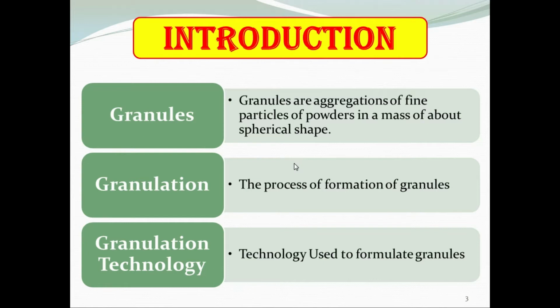You need to be clear about that. Firstly, granules are aggregates of particles. Granulation is the process of formation of granules, meaning formation of aggregation of particles. And thirdly, granulation technology means the technology used to formulate granules, what technology we use so that the powder gets converted into granule form. You need to be clear about all these things before learning the types of granulation.